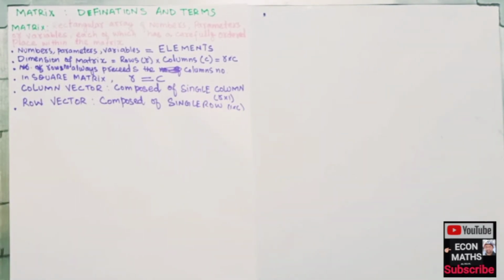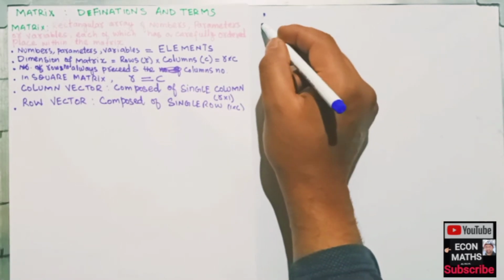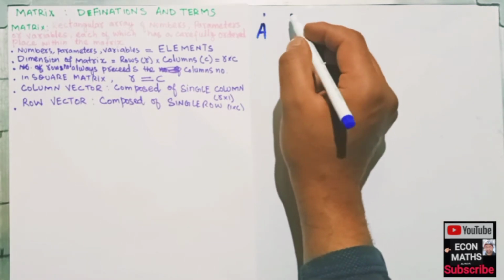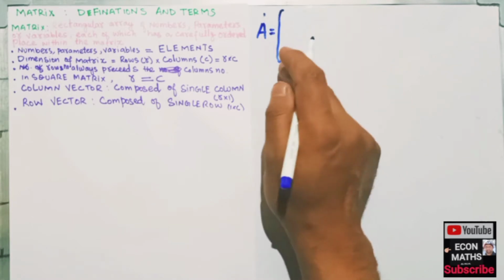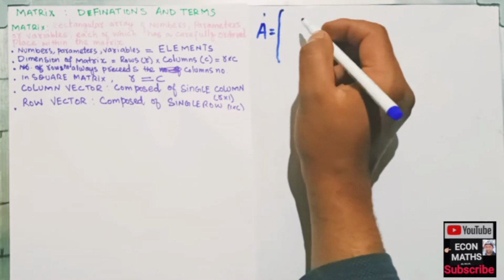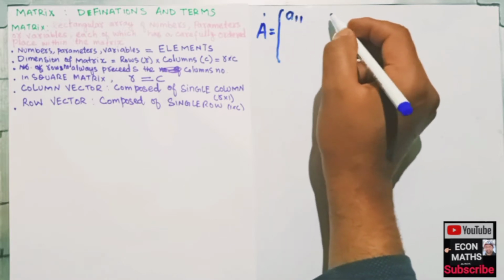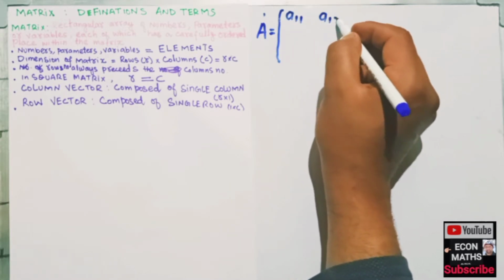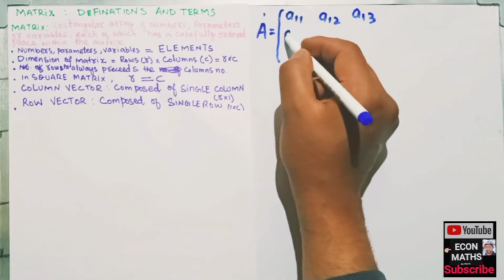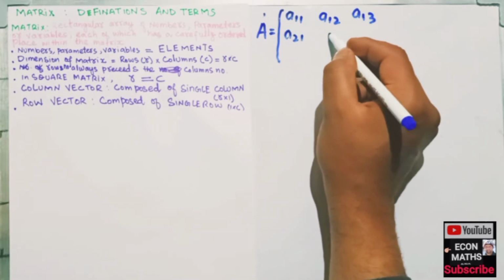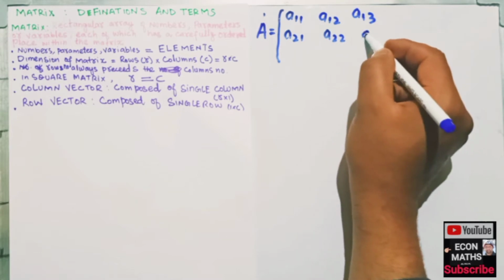That is, if I have a general matrix, let us say A is equal to A11, A12, A13, A21, A22, A23.